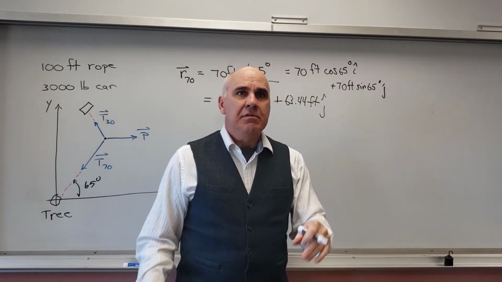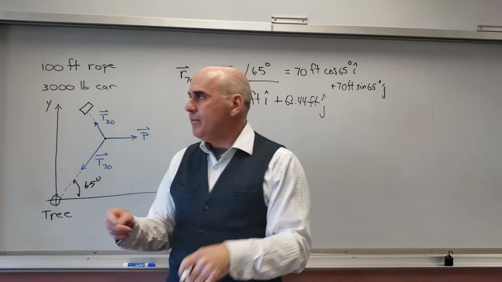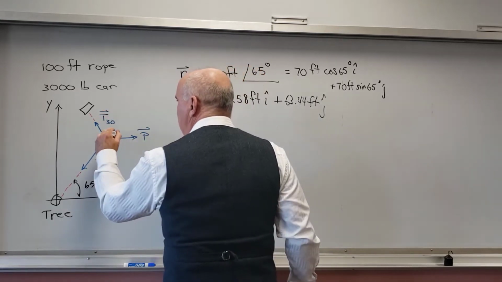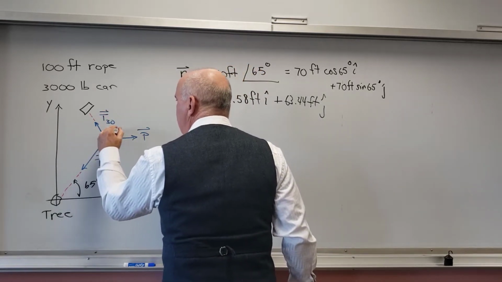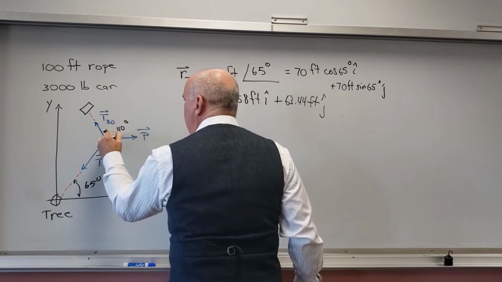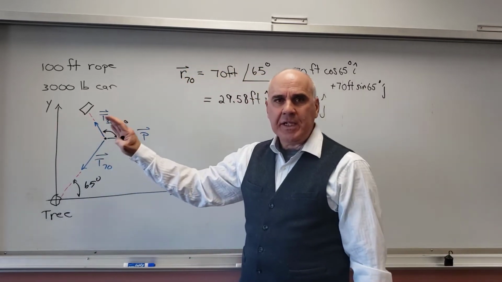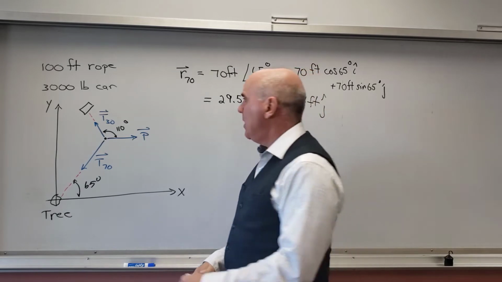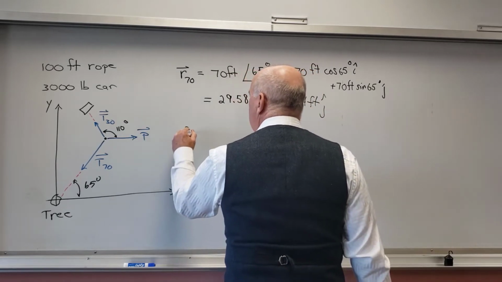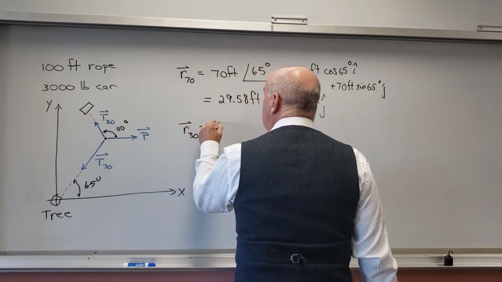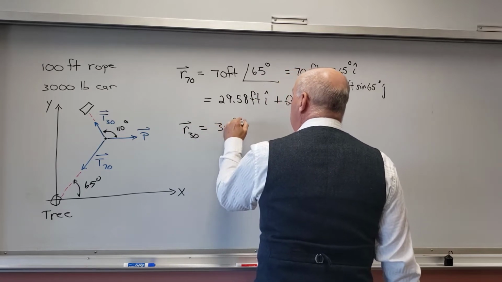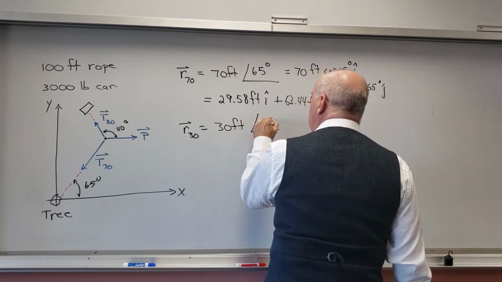So there's that. Now, I also have 30 feet, and I'm going to say that this angle in here is 110 degrees, right? So that's into the second quadrant like it should be, right? So that's 110 degrees. And so I'll call that R30, and that'll be 30 feet at an angle of 110 degrees.